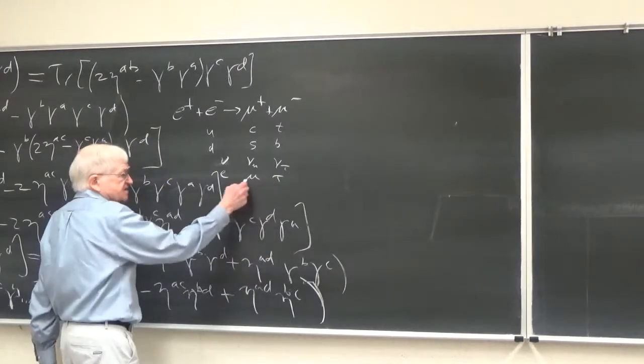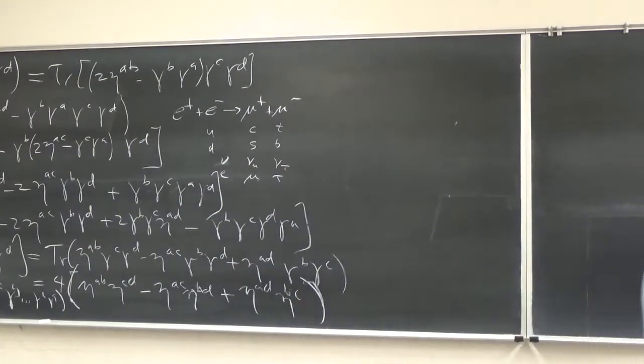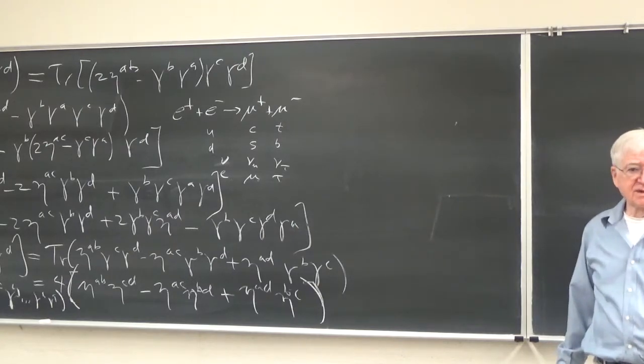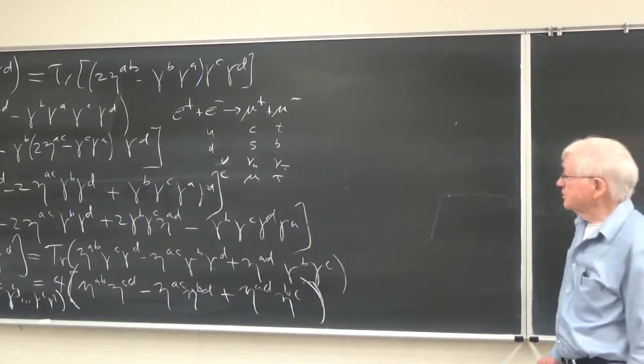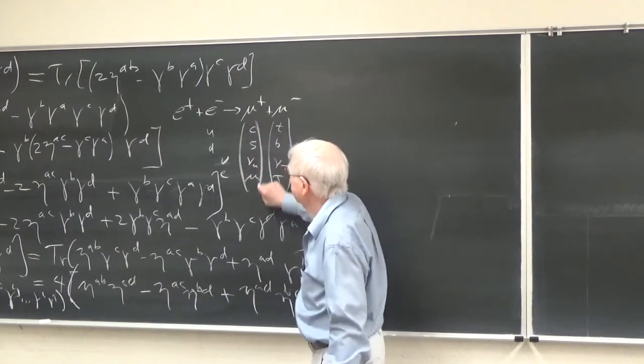And these three guys here have exactly the same interactions, but just different masses. When I say exactly the same interactions, I mean as far as we know. And so each of these is called a family or a generation.